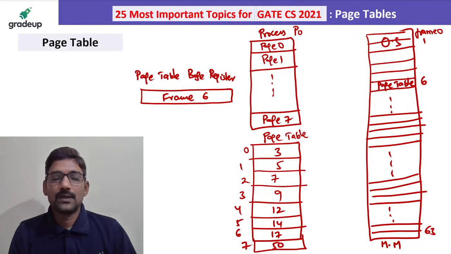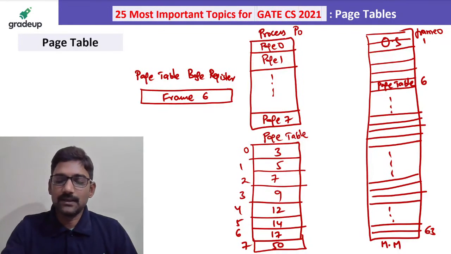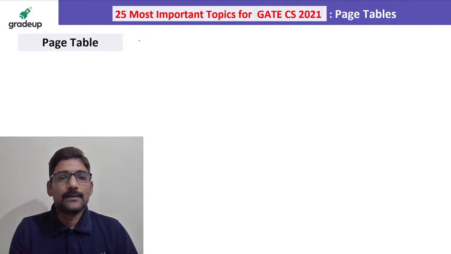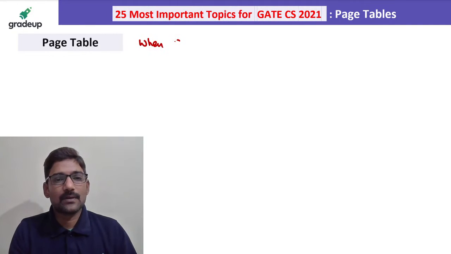Okay. Now whenever CPU generates an address, what does the CPU request? One word at a time. So the CPU generates a word address.